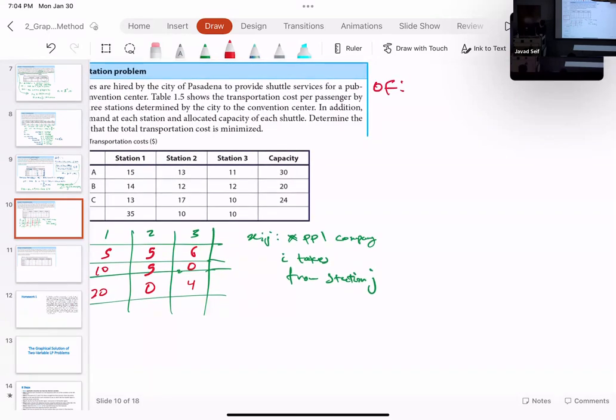So I need an objective function that is subject to some constraints. What is the objective function based on Xij? What am I trying to achieve? Transportation cost is minimized. How do I formulate the transportation cost based on Xij?